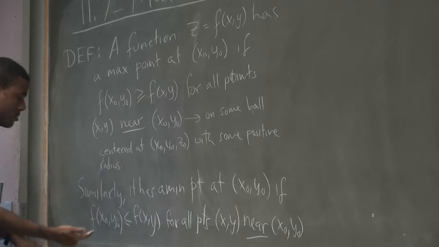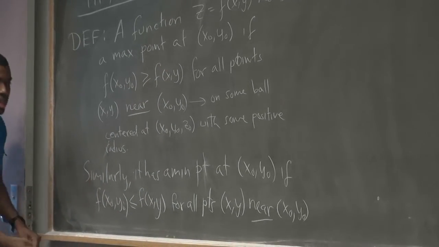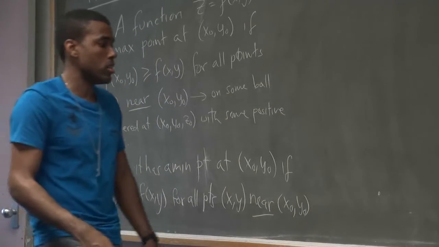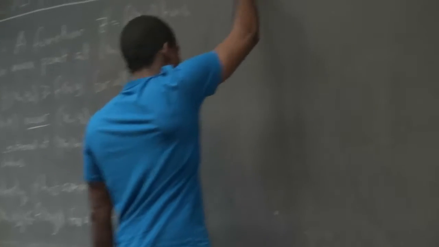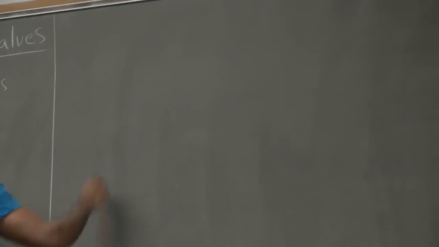Zoom in far enough, and for a minimum, this is smaller than any other point around the value. You have a smaller z value, which defines the height. So what else do we need to do?